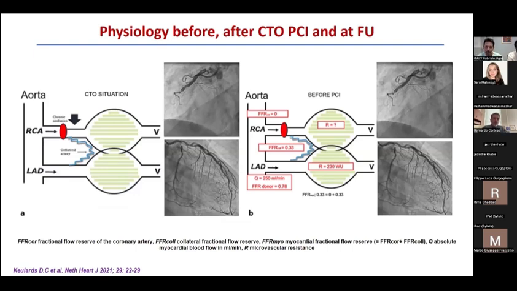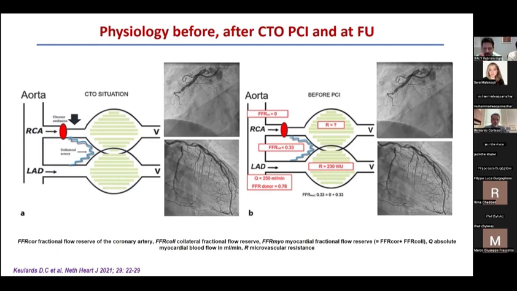Here we have the situation when we check the physiology before the CTO reopening PCI, after it, and at follow-up. For example, we study in terms of resistance, using Wood units, and flow. The FFR is 0 in the occluded vessel.